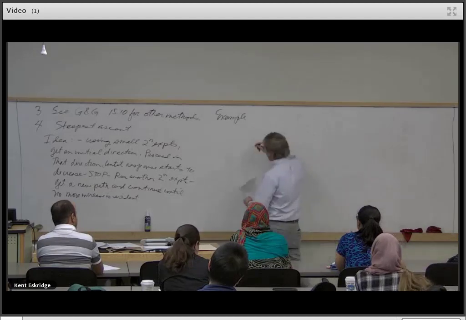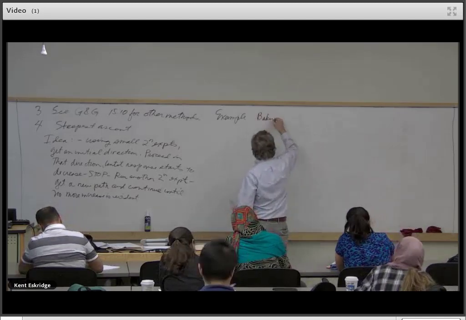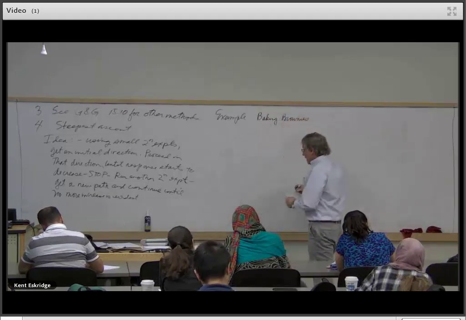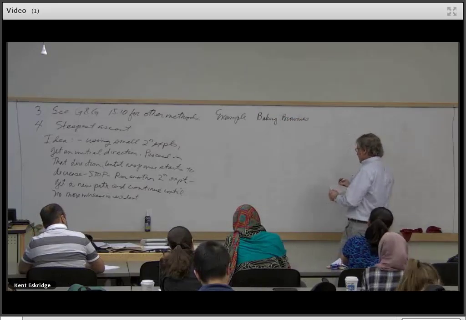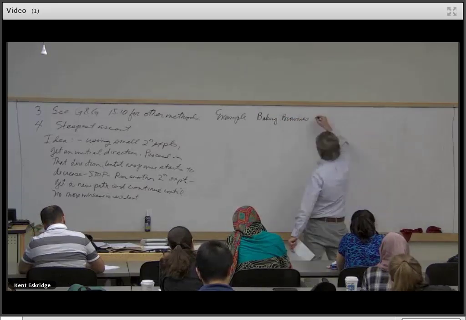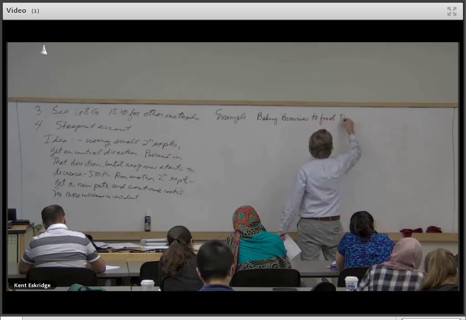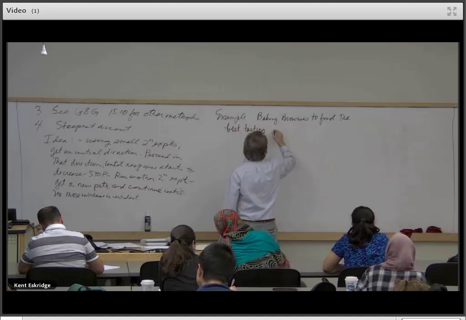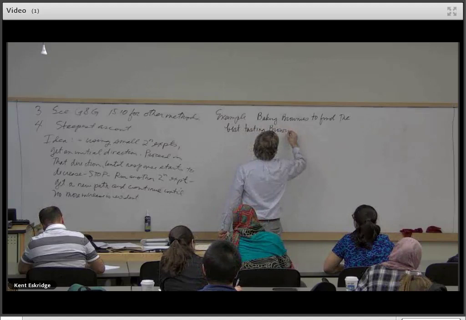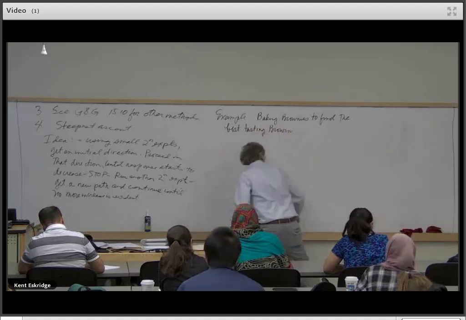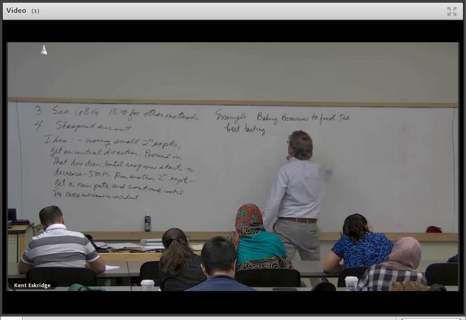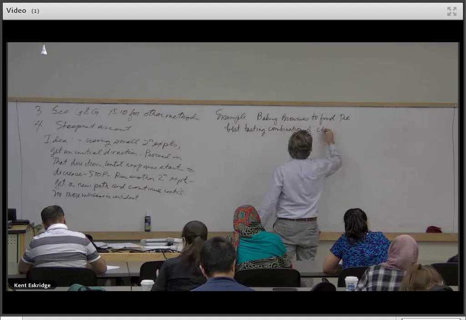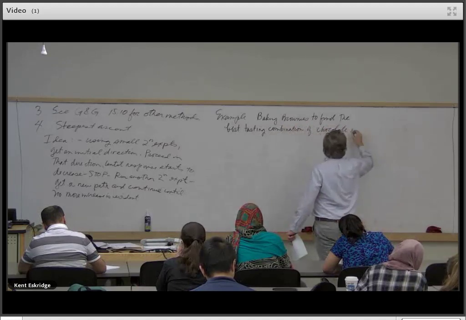Okay, so an example. We're going to do easier things. Baking brownies. We want to bake brownies, and we want to find the best tasting combination of chocolate and sugar.